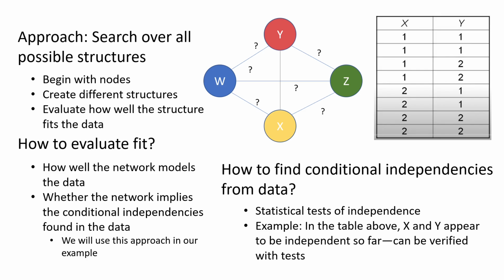So how we're actually going to find conditional independencies from data, there are statistical tests of independence such as t-tests that can tell to a reasonable degree of certainty whether 2 variables are independent given data, or whether they're independent given a third variable. So a simple example is in the table up here. 2 variables, x and y. They appear to be independent.